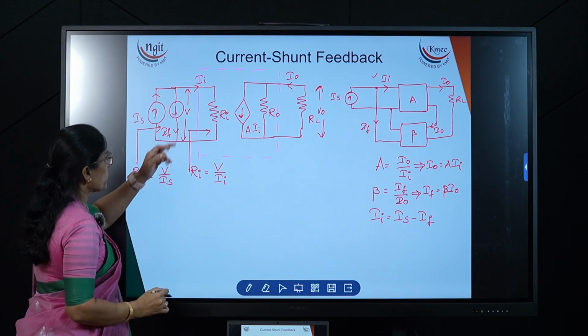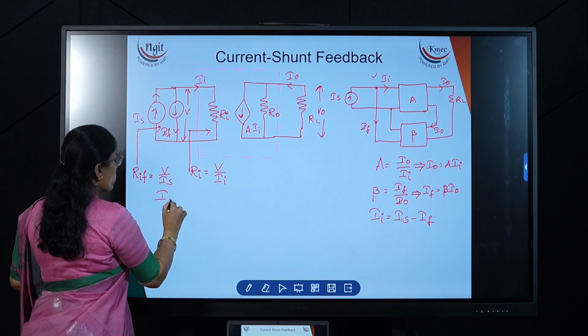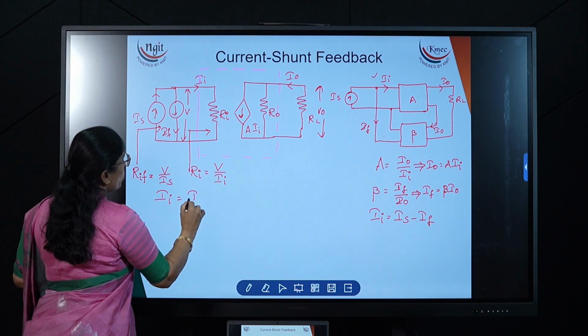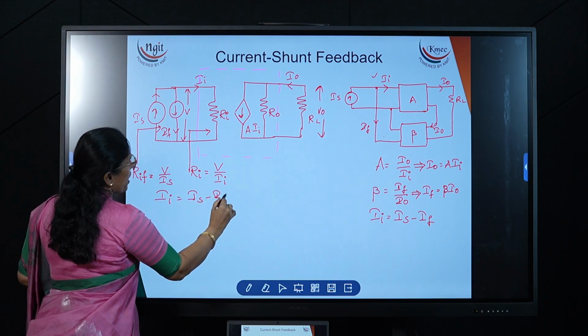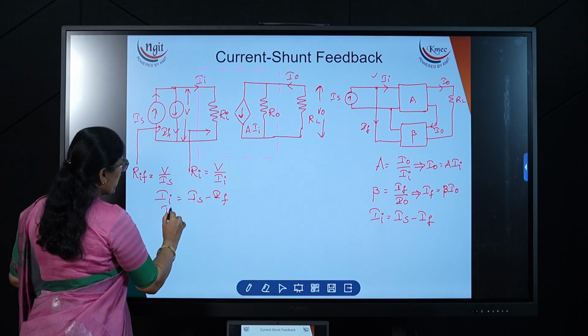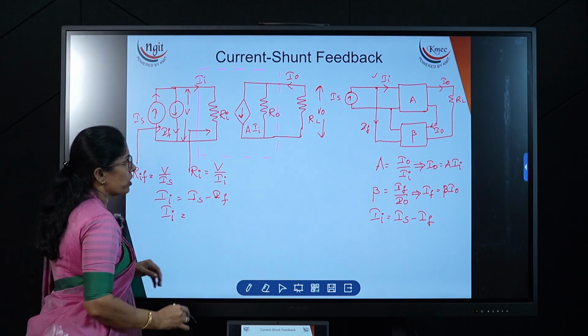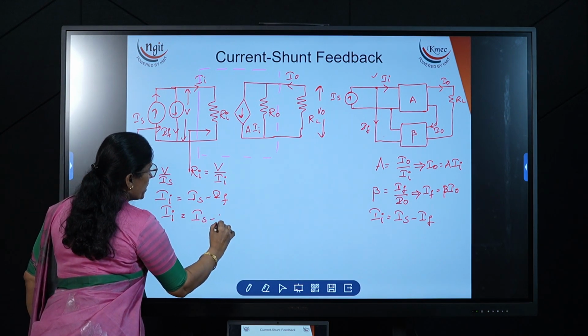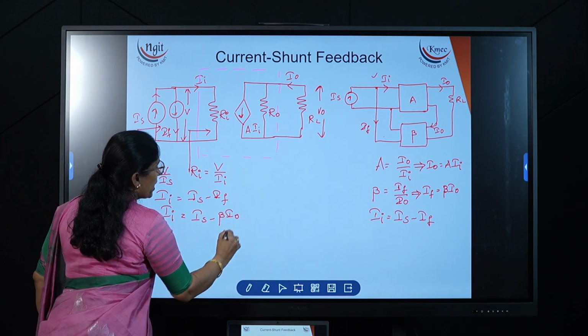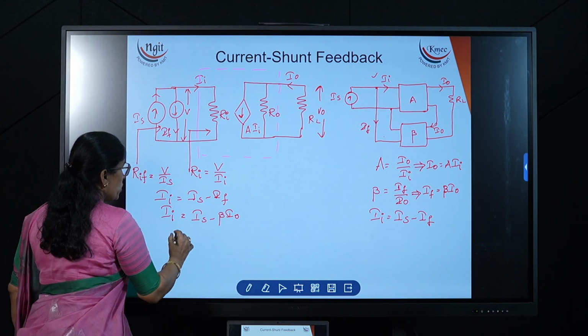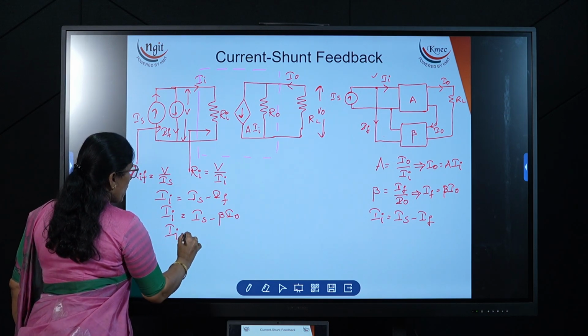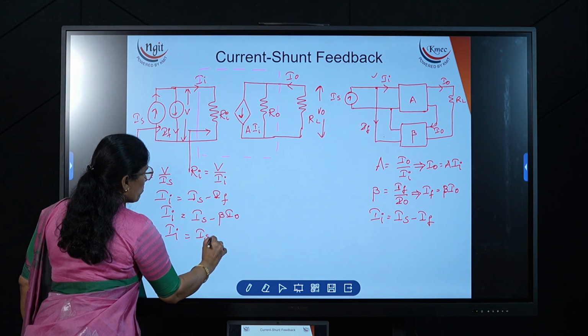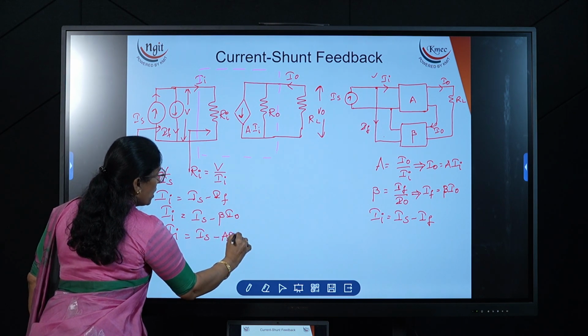Now take the input expression. II is equal to IS minus IF. From expression number 2, IF is beta I0, so II is IS minus beta I0. Then again I0 is A into II, so II is equal to IS minus A beta II.